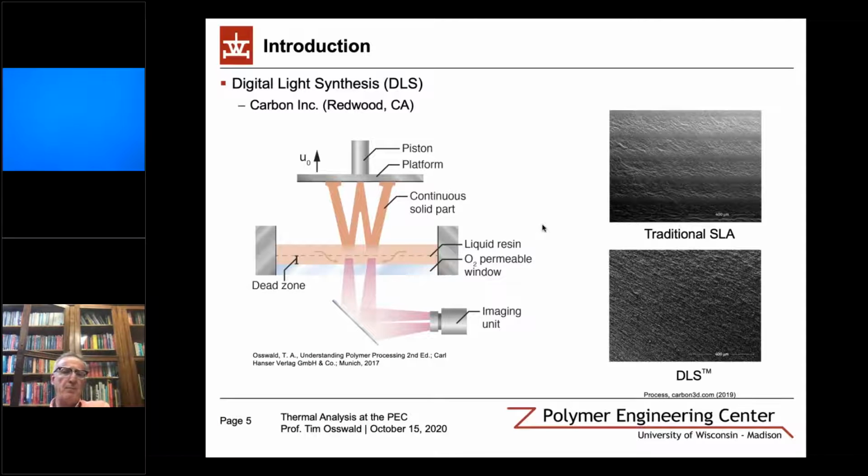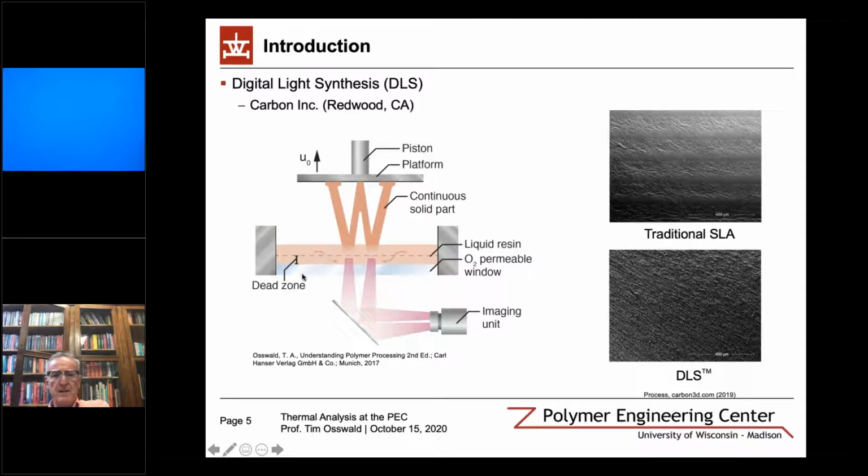What the project applies to is an additive manufacturing process called digital light synthesis, or DLS, that used to be called CLIP, continuous liquid interface production. We have a machine that is given to us by Carbon Inc. in Redwood City, California.